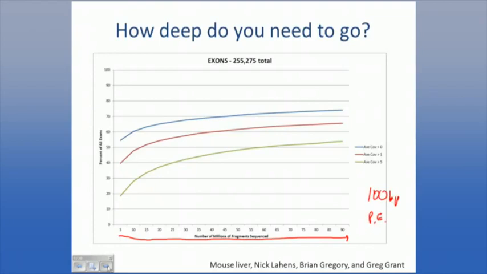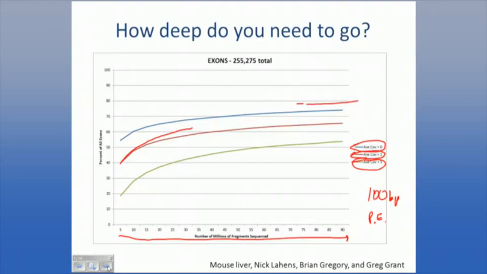And we've taken the data and mapped it across all exons from RefSeq, and then looked at the number of exons that are covered by one or more read, by more than 2 reads, or by more than 5 reads. And when you look at this, what you can see is that there's a rapid increase in the number of sequences mapped as you increase the read depth, and then you sort of have this plateauing function towards the end.